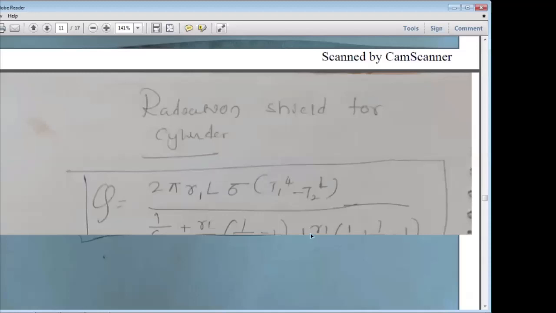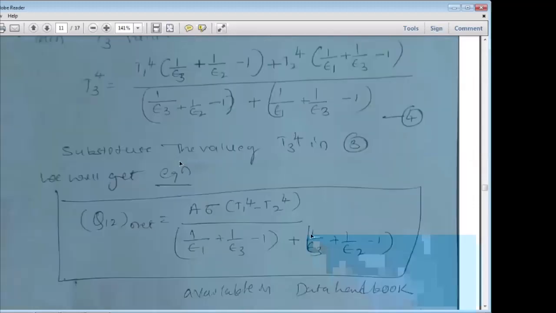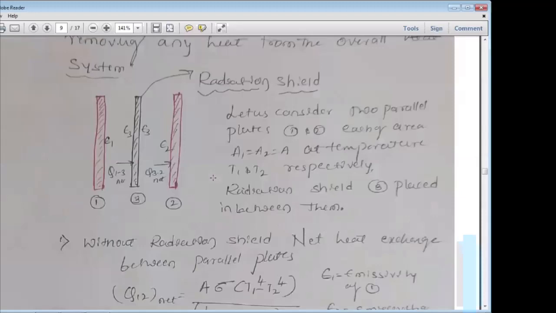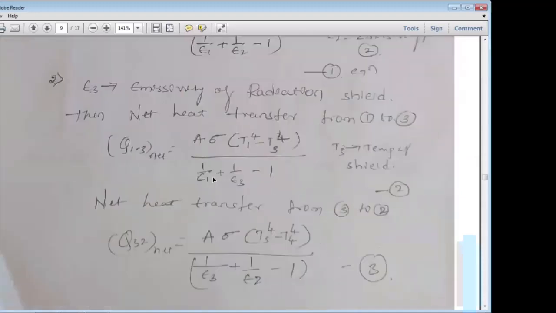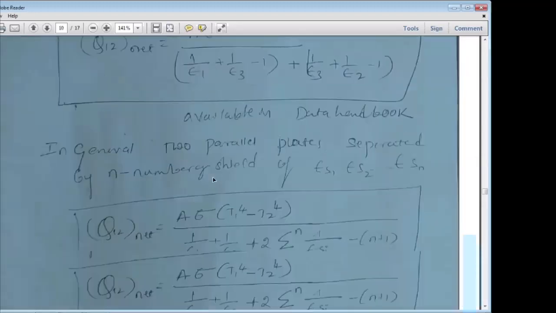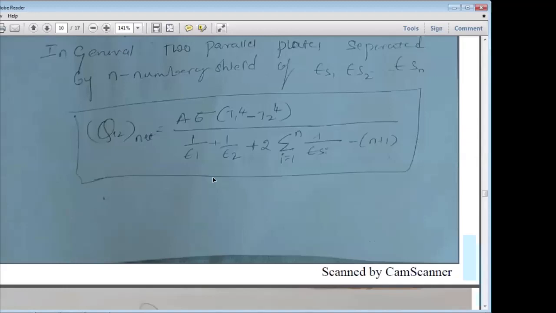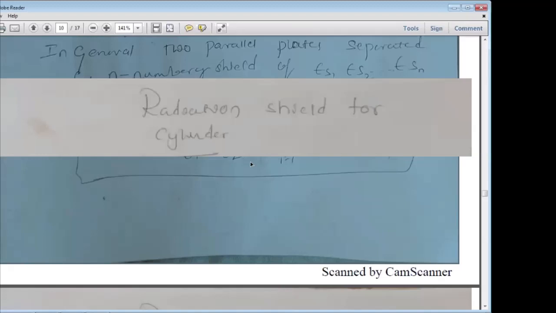They will not ask any derivations, but you should know about the radiation shield. They can ask 10-mark numericals on the radiation shield.